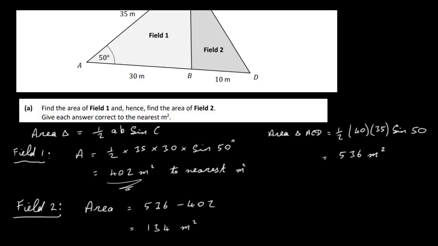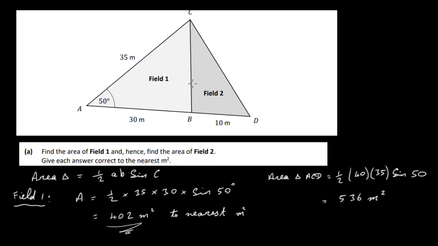So let's see, the distance from C to B squared is equal to, let's get these numbers right first, so it's 30 squared plus 35 squared minus twice 30 times 35 cosine 50 degrees.